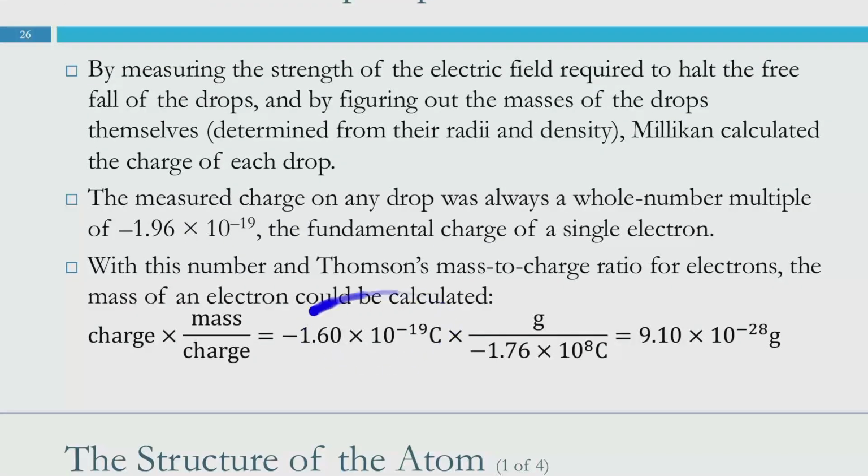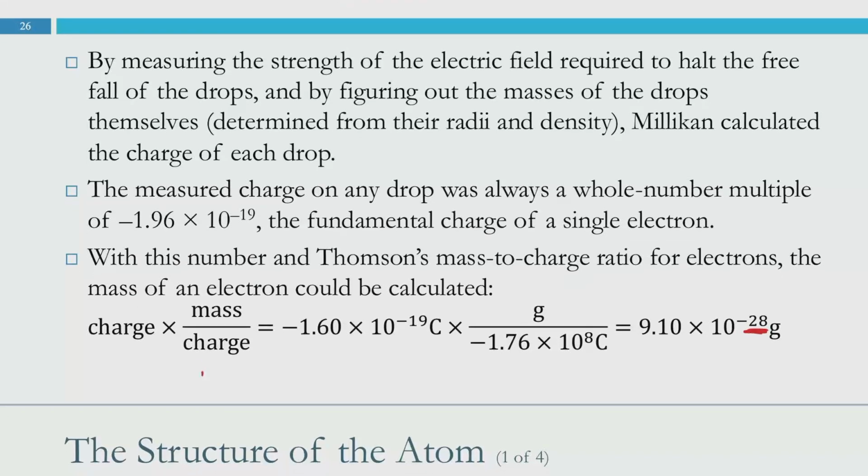So with that charge number and knowing the coulombs per gram that we saw earlier, they were also able to figure out the mass of an electron, which is 9.1 times 10 to the minus 28 grams, which is an absurdly small number. I'm going to write it out because I feel like doing that.